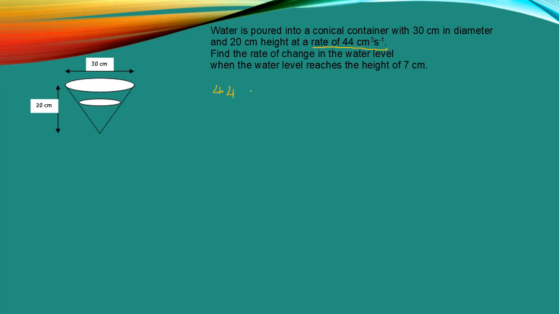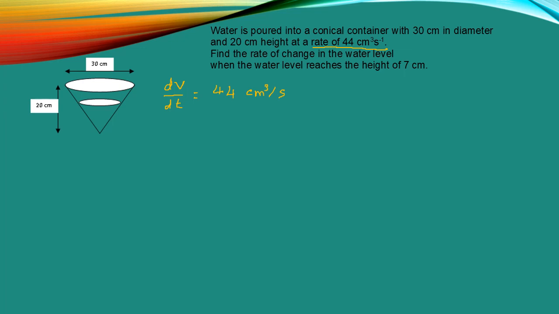44 cm cubed per second means the change of volume, referred to our unit cm cubed. So we can write dV, V is referred to the volume, and dV over dt is referred to the change of volume with respect to time.